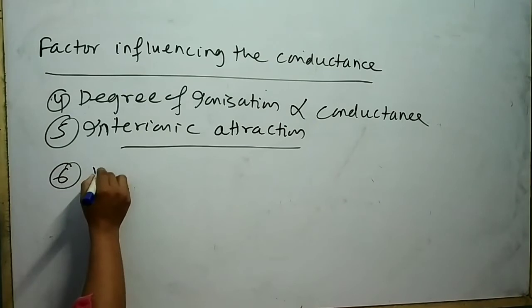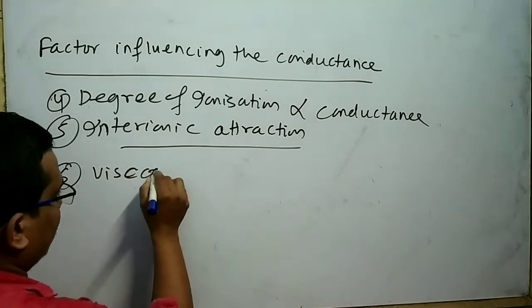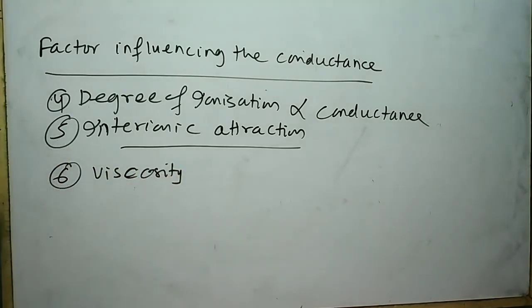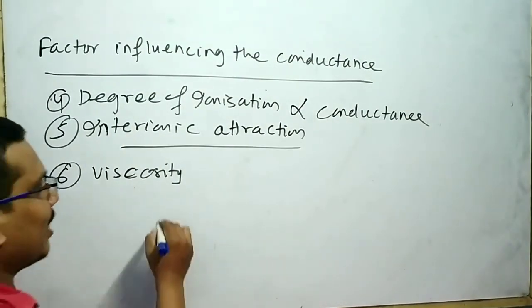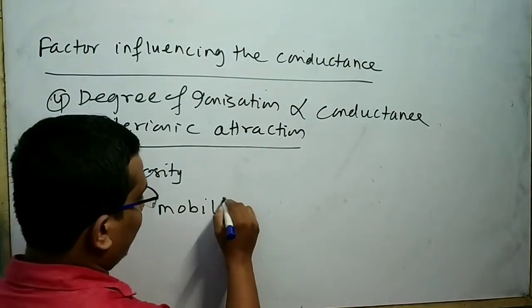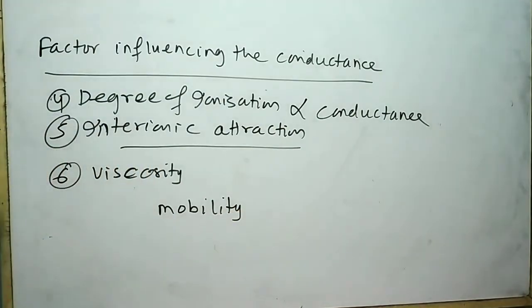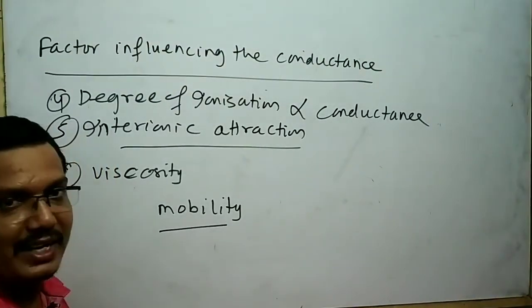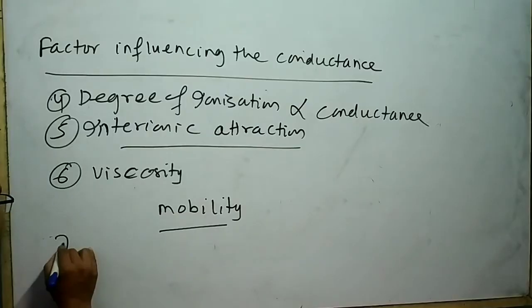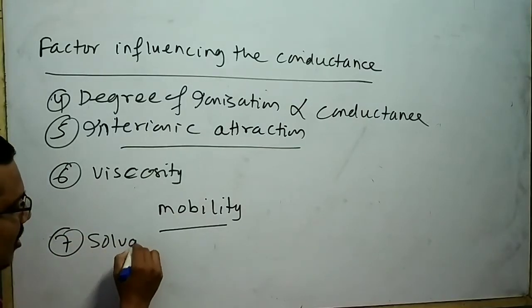Next is viscosity. More is the viscosity of the electrolytic solution, less is the mobility of the ions. As a result, less is the conductance. Mobility means freeness of the ions. Next is solvation.